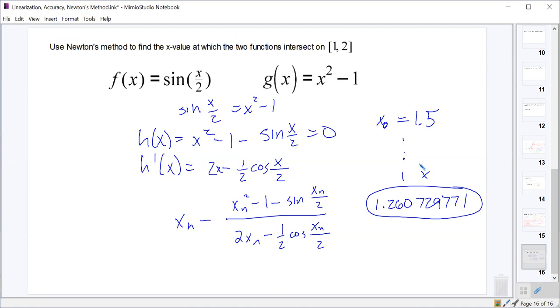Five was the same as 4. Okay, so that was x sub 4, was x sub 5, was this. Perfect. Everybody good there? Any issues with this Newton's method process?